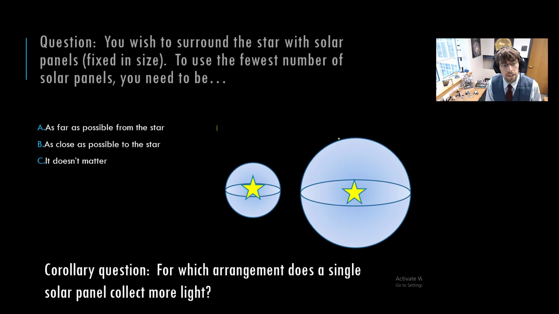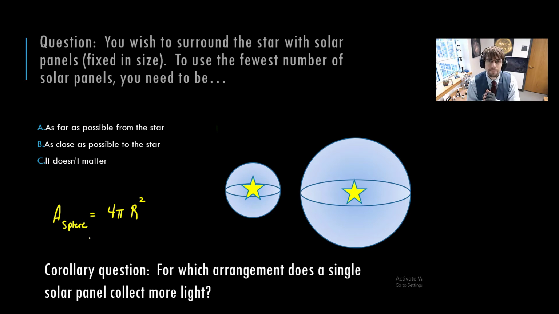The area of a sphere is given by 4 pi times the radius of the sphere squared. So you could do this for a basketball or a softball, or the Earth, for example. As long as you know the radius, you can determine the area of the sphere.